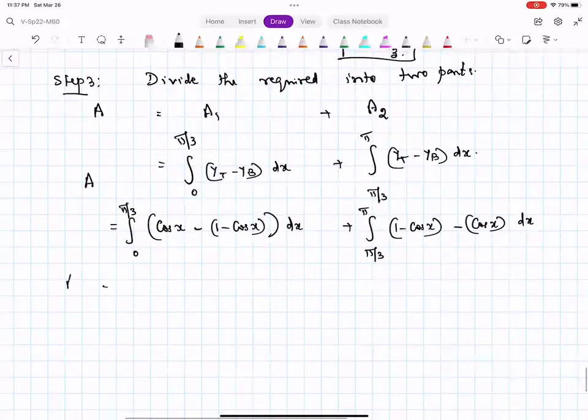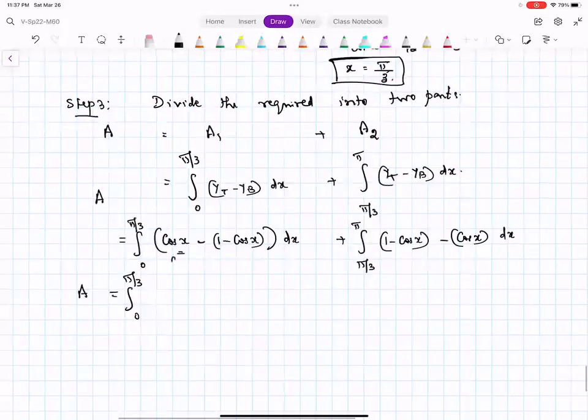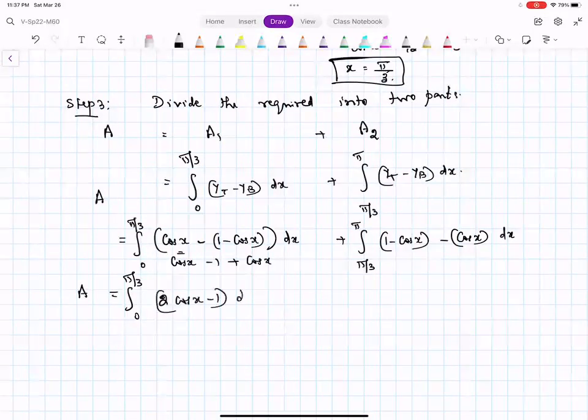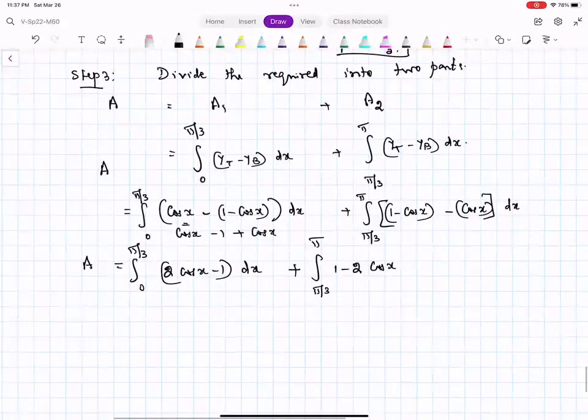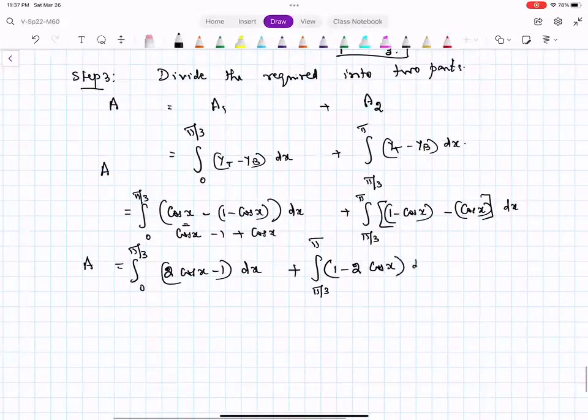If you simplify, you get the integral from 0 through pi by 3 of cosine x minus 1 plus cosine x, so 2 cosine x minus 1. Then the integral from pi by 3 to pi of 1 minus 2 cosine x dx.